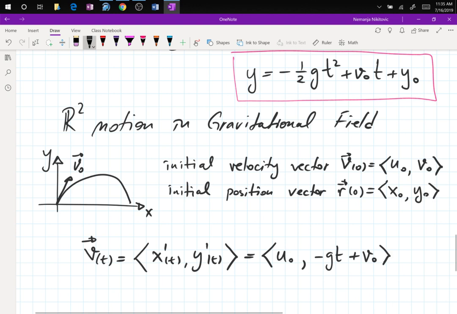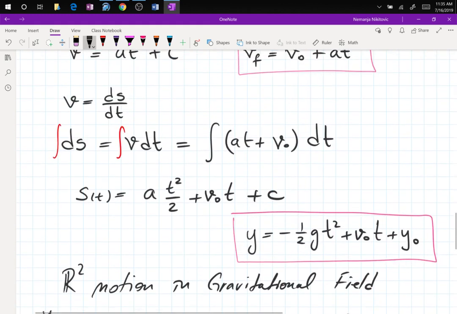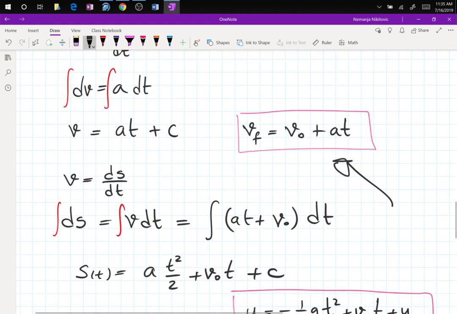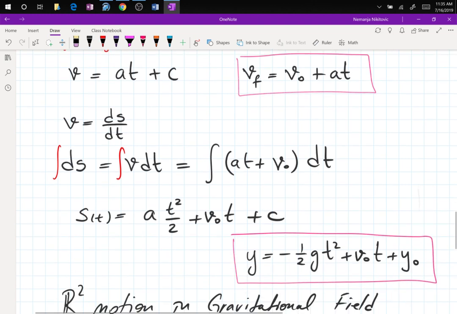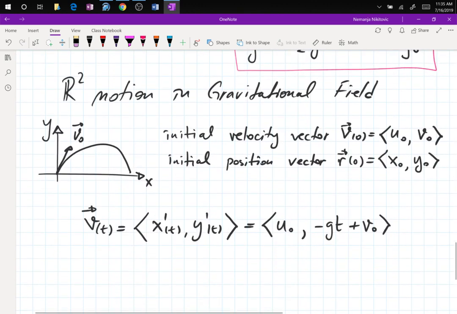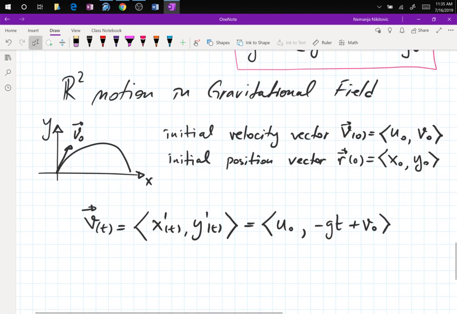This is the equation we obtained earlier, when you change a to a negative g, when we use negative g because gravity pulls down. So that's the velocity vector.